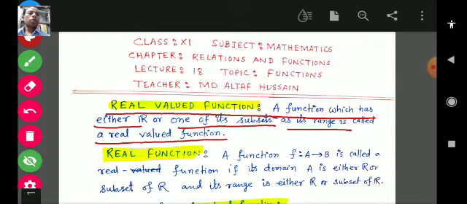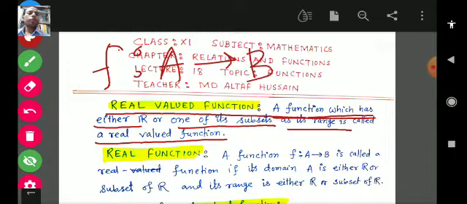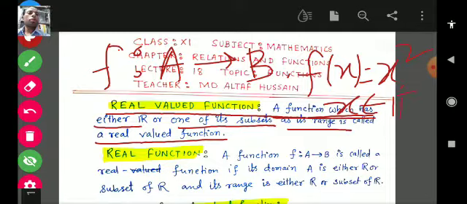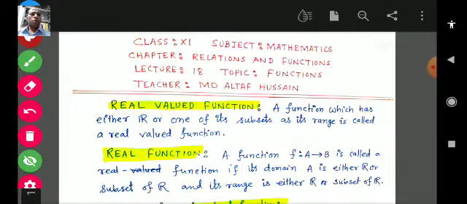We already know a function from a set A to B, defined by some rule, f of x equal to x square, and x belongs to somewhere. So here, a function which has either real numbers or one of its subsets as its range is called a real valued function.